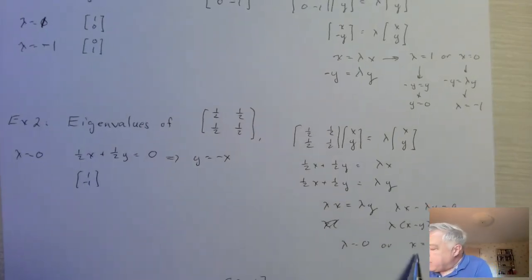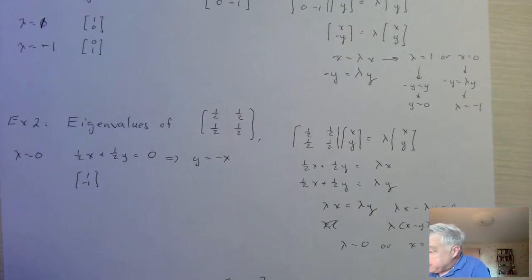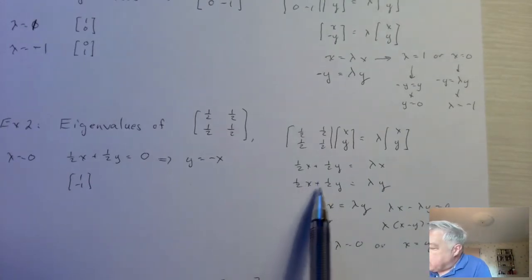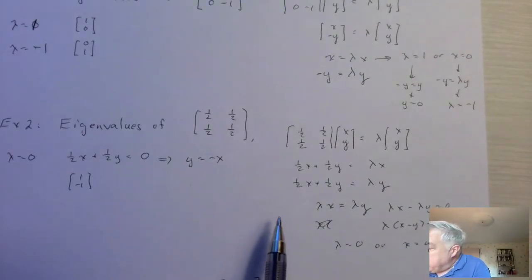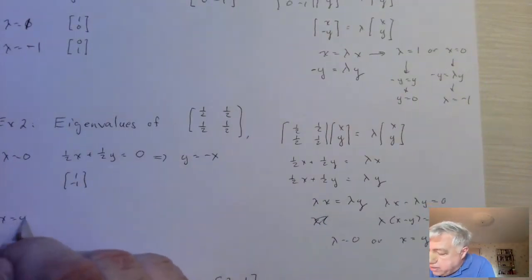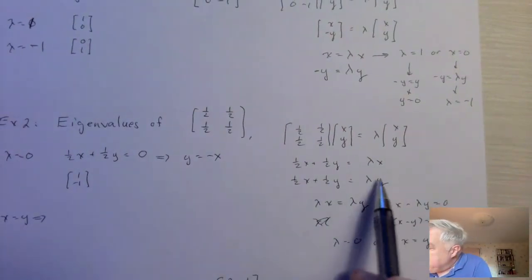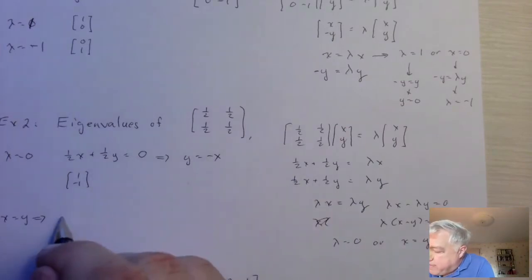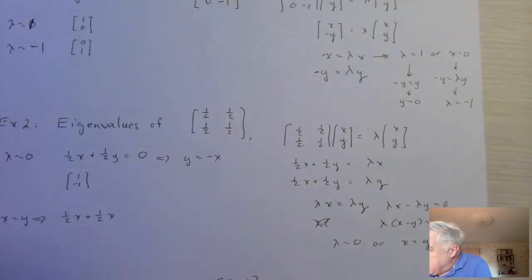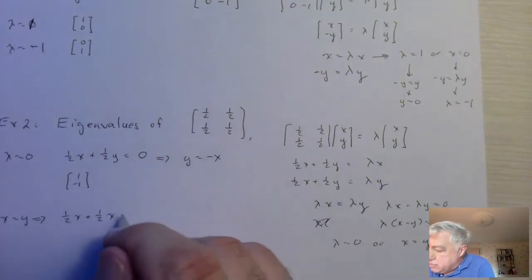And in the case where x equals y, then 1/2 x plus 1/2 y is just 1/2 x plus 1/2 x, which equals lambda x.